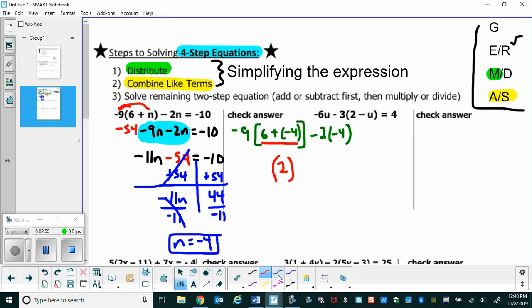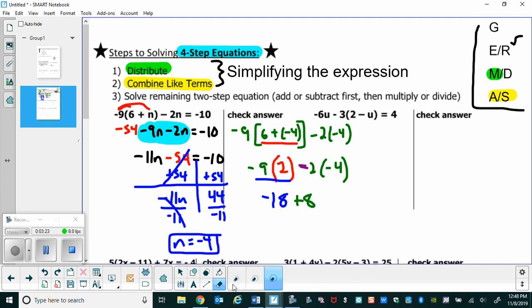And then everything else just comes down. And then we have some minus the 2 times negative 4. Now this first part right here, that's a negative 18. And now it doesn't matter how you see this next part. If you see a negative times a negative, you already see the plus 8. Or you could see right here in purple, this minus.